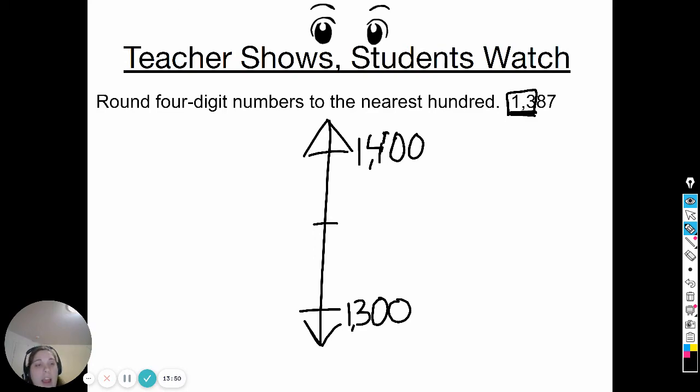Now we need to find our halfway point. Just like before for our halfway, we're going to look at that 13, our 1300s, and we're going to keep that and end with a 50. So the halfway point is 1,350.